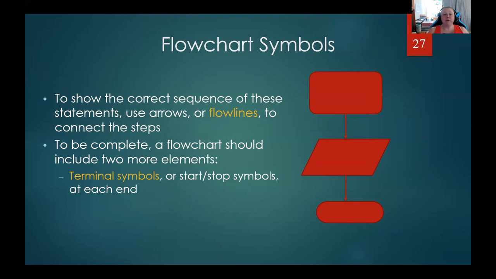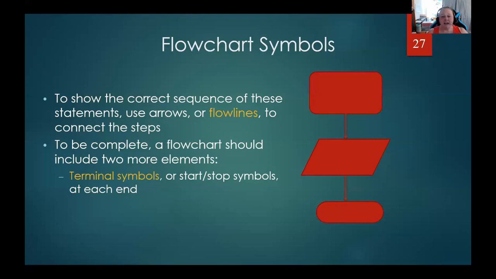When you start or complete a flowchart, there is a special symbol you can see here down at the bottom called a terminal symbol. Typically, they have the words start or end or main in them, and that's what's going to start or finish your program. These terminal symbols, to me, look like a medicine pill. Not really sure what the shape is called, but again, remember, it's called a terminal symbol.